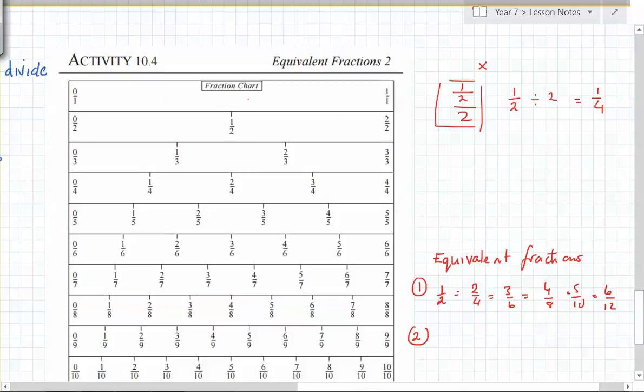That's what we can look at with this diagram as well. So if I have 1 half, and I want to know what half of a half is, go half, go down, we have a quarter.